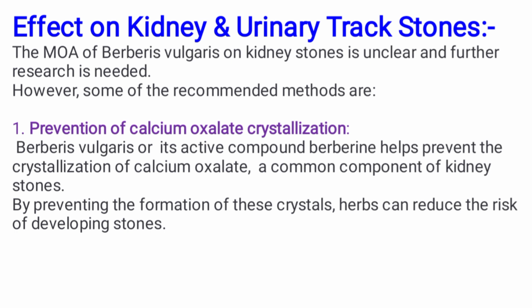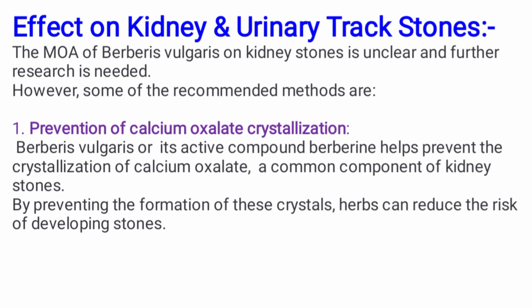What is calcium oxalate crystallization? Crystallization means the Berberis vulgaris and its active component berberine help to prevent the crystallization of calcium oxalate, which is a common component of kidney stones.